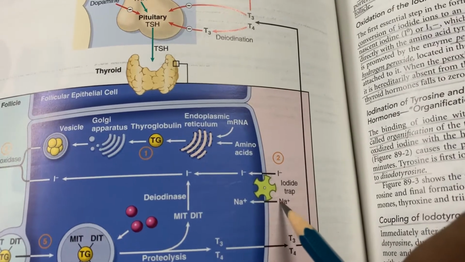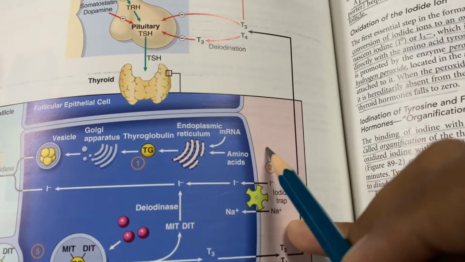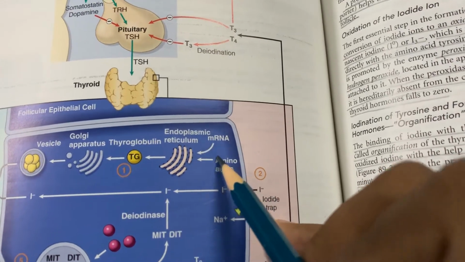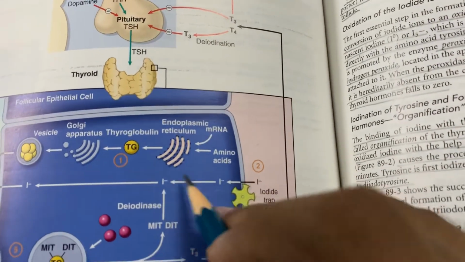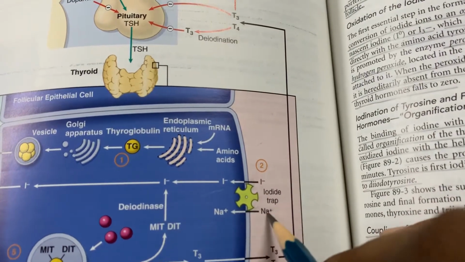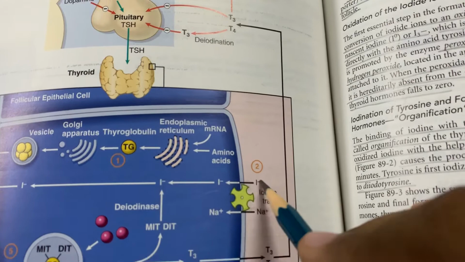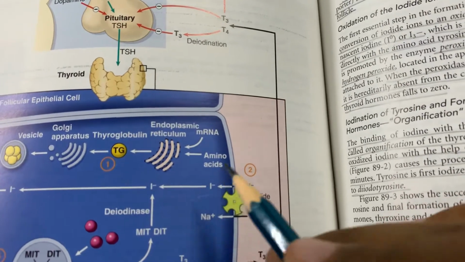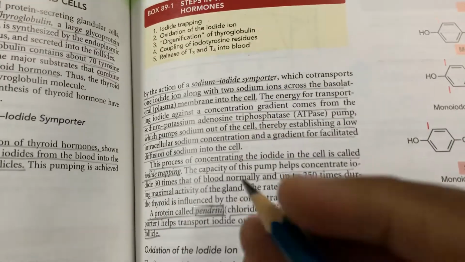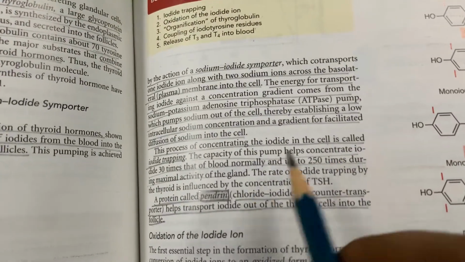So you have an Na+ K+ ATPase, which pumps sodium out of the cell so that you have a lesser amount of sodium ions inside the cell. So in this symport, along with the movement of 2 sodium ions into the cell, 1 iodide ion moves into the cell. Okay, so this is iodide trapping. So you're concentrating the iodide inside the cell.